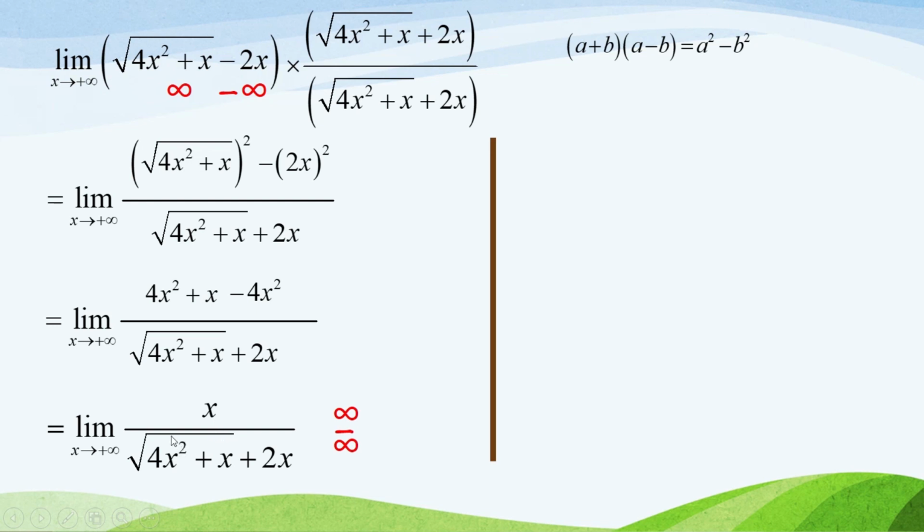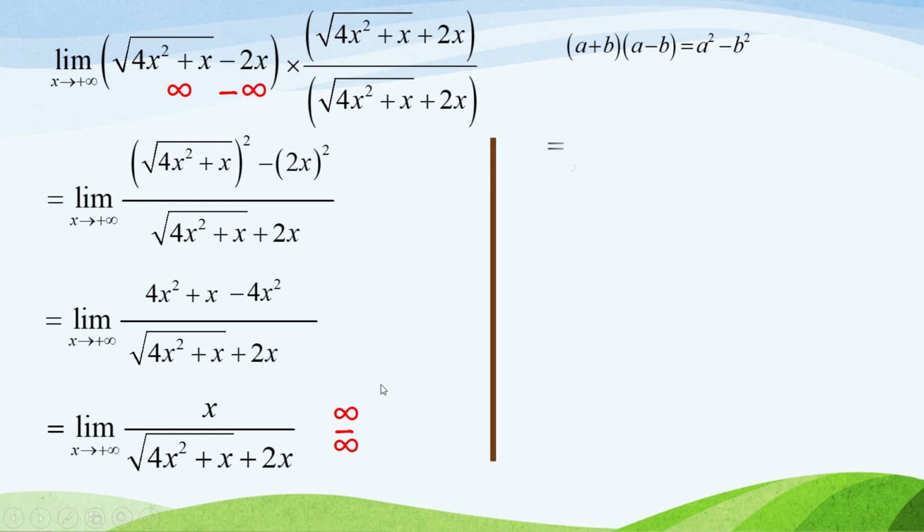The highest power of the denominator is x squared, but x squared is inside the square root, so we must consider what we divide by. Inside the square root we divide by x squared, and outside the square root we divide by x because x approaches positive infinity.